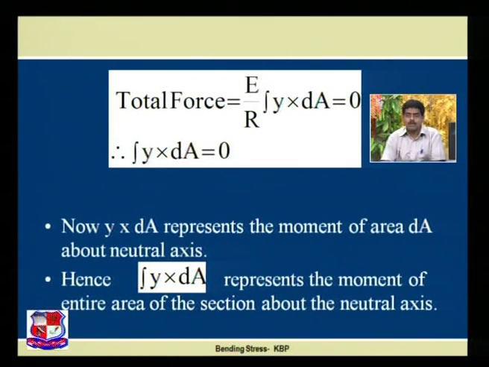I will repeat once again. y dA represents the moment of area dA about neutral axis. Hence, integration y dA represents the moment of entire area of the section about the neutral axis.